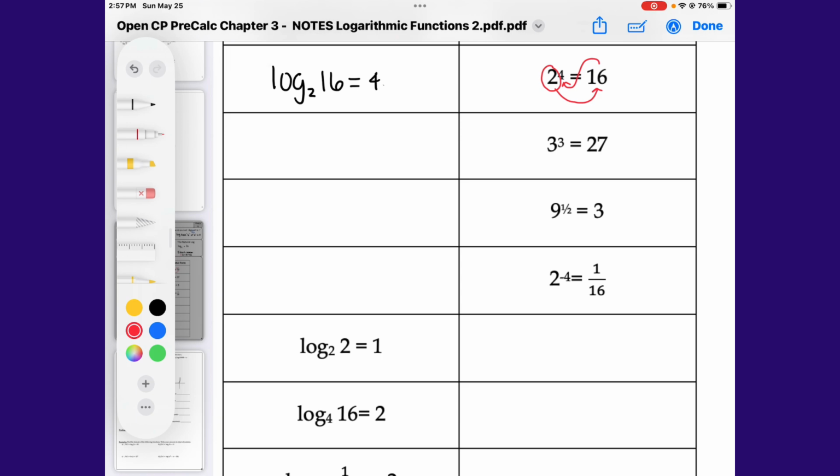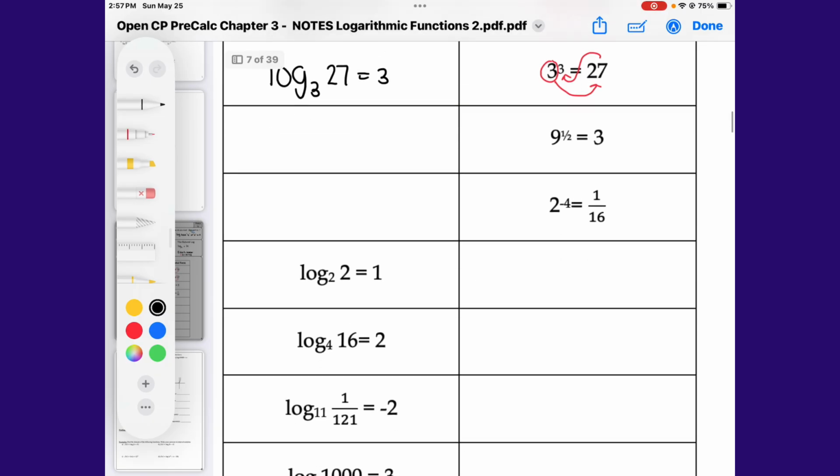We have 3 to the third is equal to 27. So we have our base of 3. So log base 3 of 27. And then we roll through that equal sign. Equals 3. This would be a good time for you to pause. See if you can do the next two on your own.